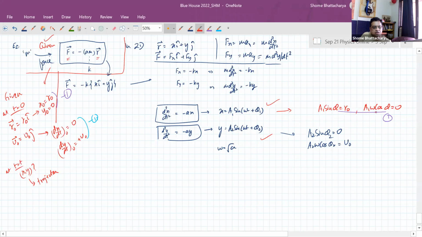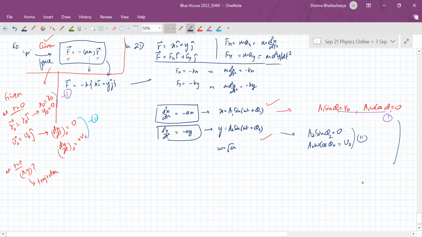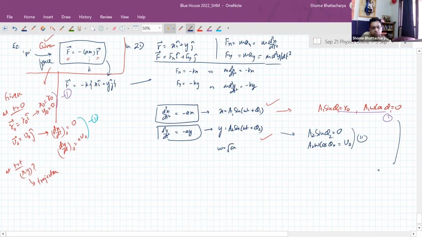So from here we will get a1, a2 and phi 1, phi 2. Okay. So how much is my phi 1 coming? Pi by 2. And a1 is r naught. So what is my x coordinate as a function of time? It is r naught cos omega t.